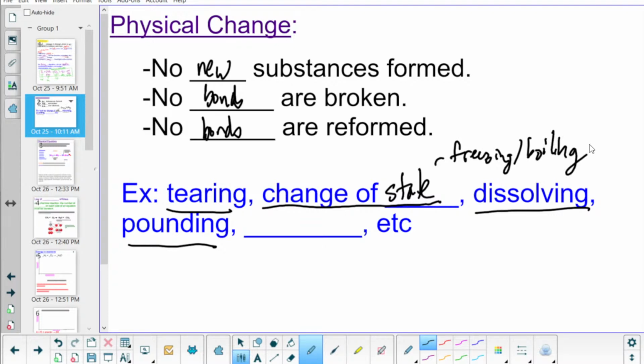So you do have to distinguish: are we getting a brand new solid, or did it just freeze? Because frozen water is still water. But that lead iodide I made didn't freeze. That is a brand new substance with new properties, new colors. So they can often look similar.